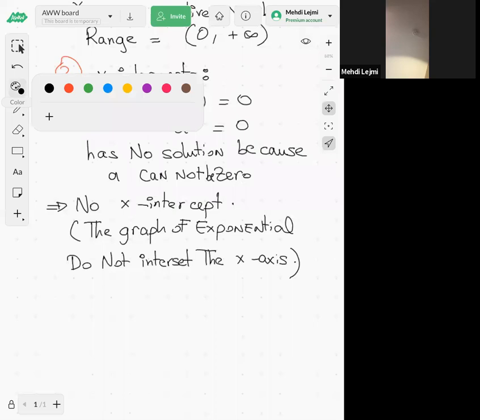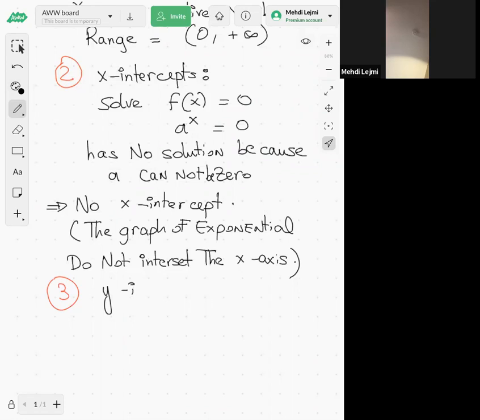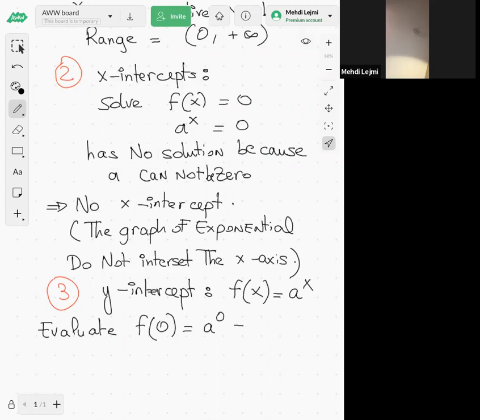Well, so the y-intercept of exponential functions. So we have to plug 0 in the function, right? So that's how we find the y-intercept. We have to evaluate f of 0. So my f of x, again, my exponential function is a to the power x, right? So f of 0 will be a to the 0. So a to the power 0, of course, will be 1, right?